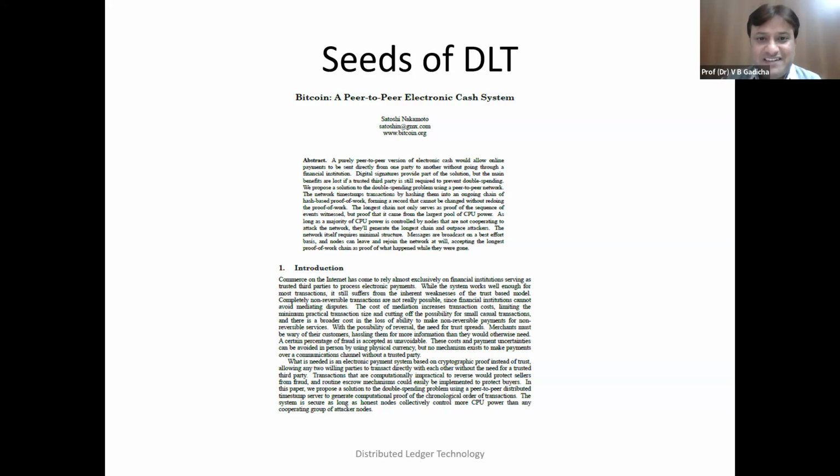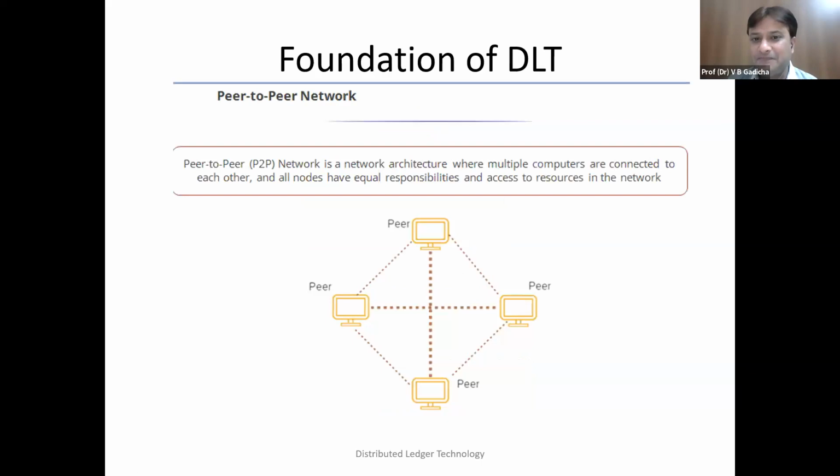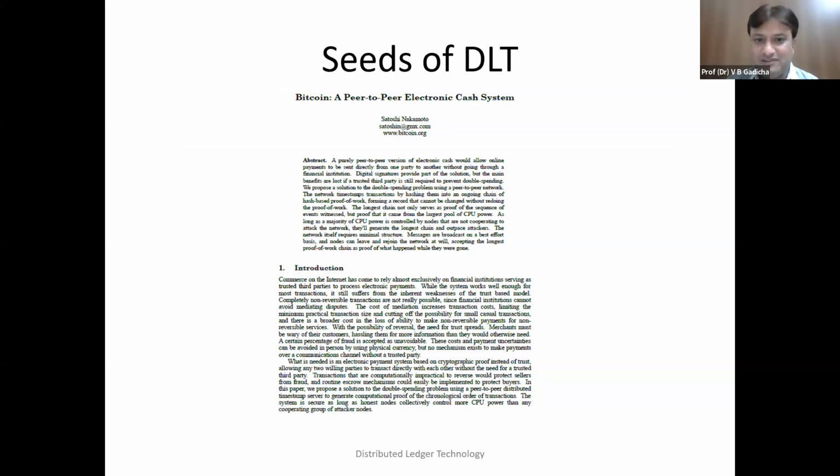This first research paper was published in 2009 by Satoshi Nakamoto, a very deceptive person whose identity is still not detected. But he gave this idea of peer-to-peer networking, where everybody is the owner of the network, with no centralized system, and every individual participating in the network is an owner of the network.